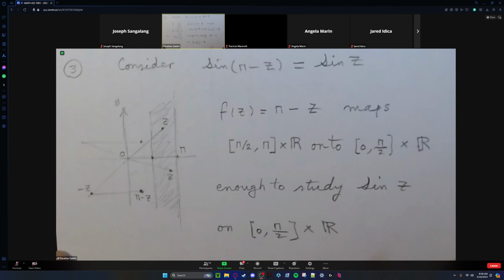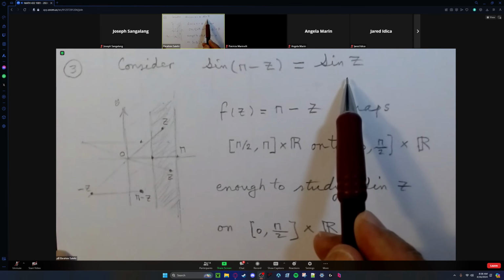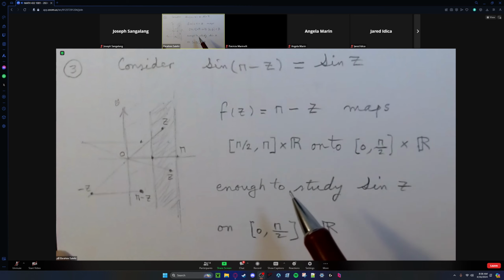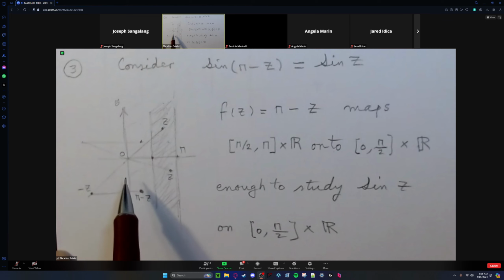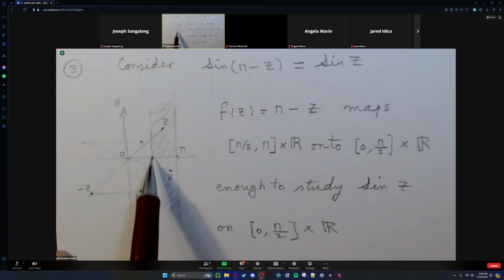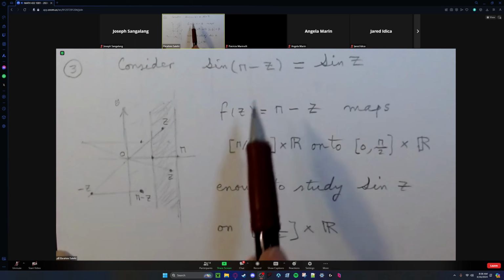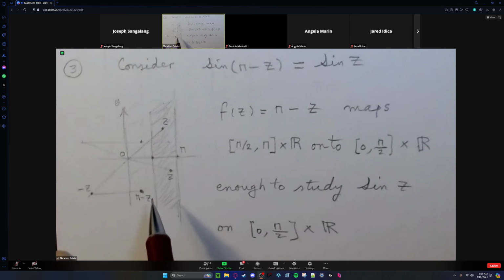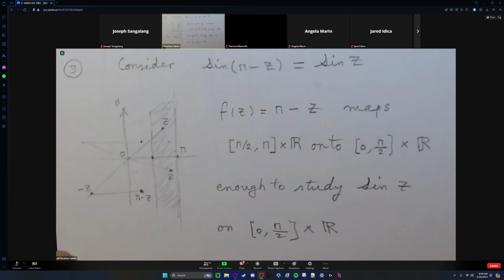As I said, this innocent-looking identity has a geometric interpretation: if I know the values of sine z between 0 and pi over 2, based on that, I know the values between pi over 2 and pi as well.